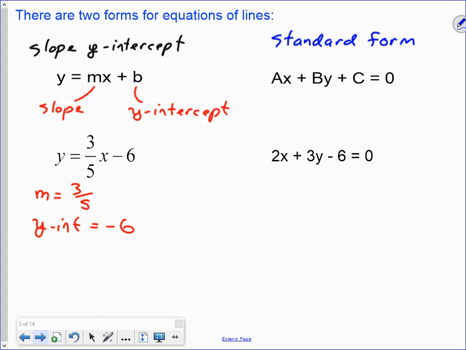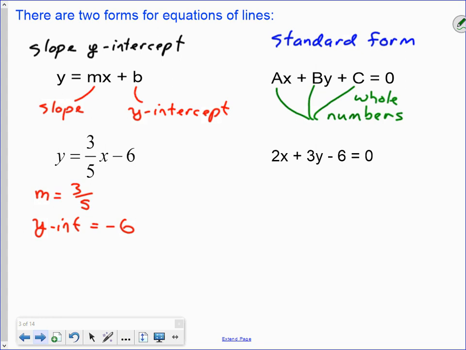And all of these, like this capital A, this capital B, and this capital C, are all just numbers. And in fact, they are whole numbers. Okay. So our example here is 2x plus 3y minus 6 equals 0. A is 2, B is 3, C is negative 6. Those are all whole numbers.